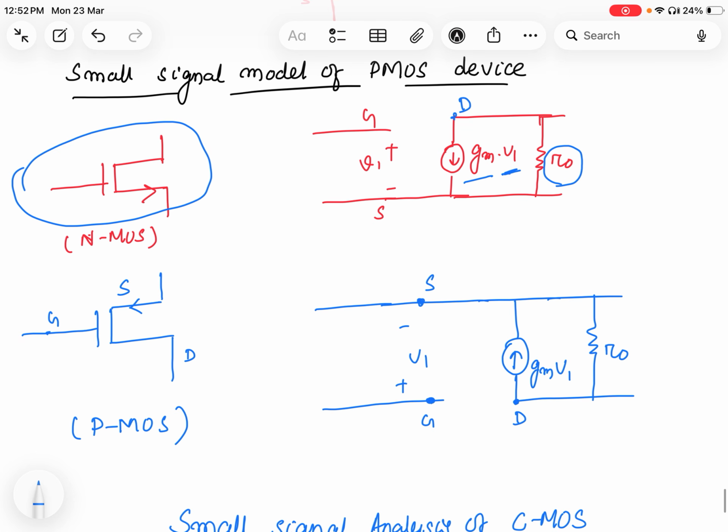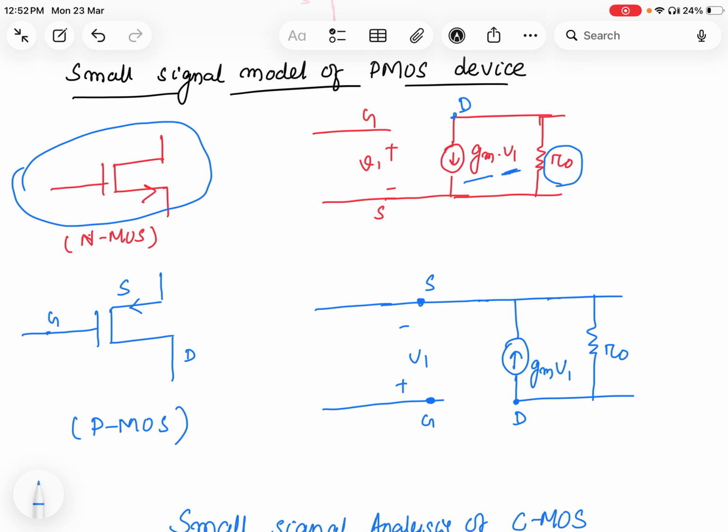If I want to draw the small signal model for the PMOS, as you can see here, the arrow is inwards and that is the source. So for that, the diagram remains the same, only the direction is changed, or you can say it is flipped.